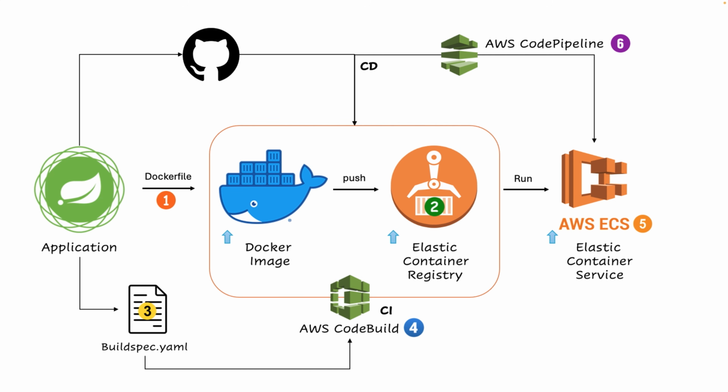You need to use these CodeBuild and CodePipeline services from AWS to do continuous integration and continuous deployment. So this is really dead easy. If you understand this particular flow, you can connect the dots correctly and configure the services correctly. You only need to understand the flow, what sequence you need to follow.